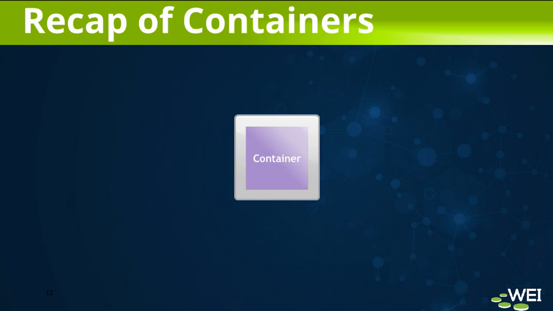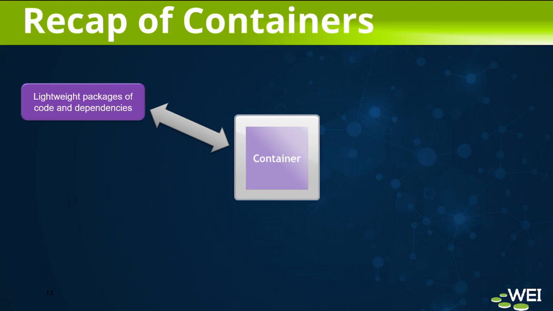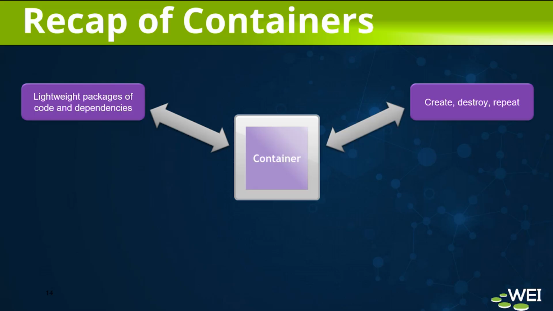Now, to quickly recap what we learned in the last presentation about containers and their benefits, we learned that containers are lightweight packages of code, the dependencies the code needs to run, and just enough operating system for that code to run. We saw that with containers, they are lightweight enough to where we can simply create new ones if the old containers are crashing. And we're no longer focused on maintaining a whole operating system.